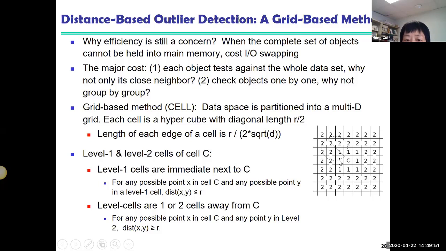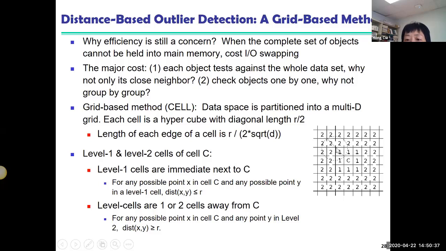Then we're not going to check data points one by one, observation by observation. Instead, we're going to check them area by area, every little cube. For every little cube C, we say that all the neighboring cubes are the level 1 cells of cell C. And the next layer, the cells that are 1 or 2 units away from this cell, will be considered its level 2 cells.